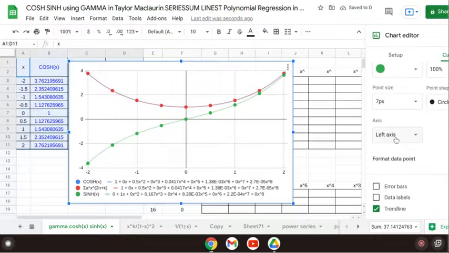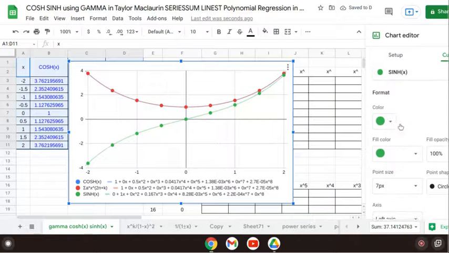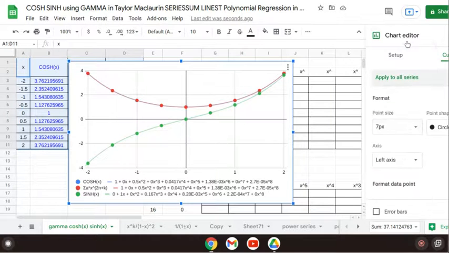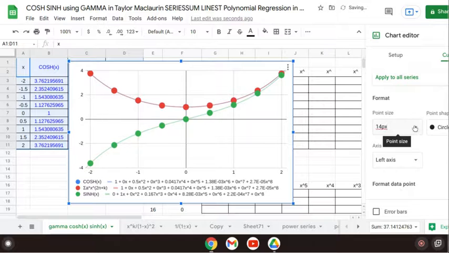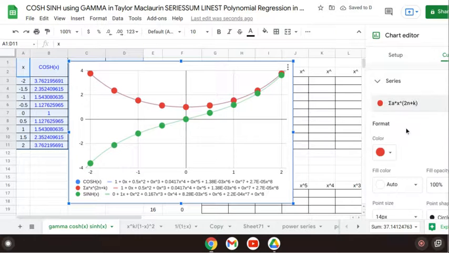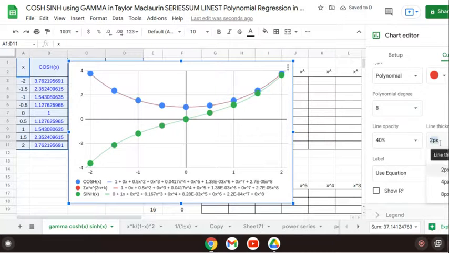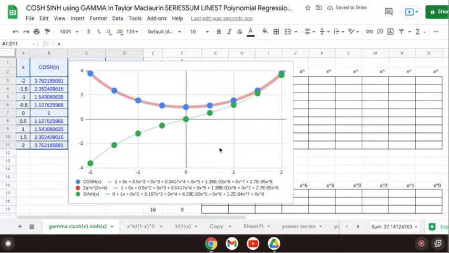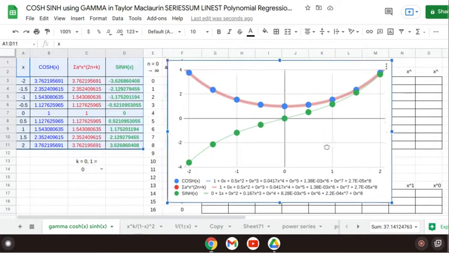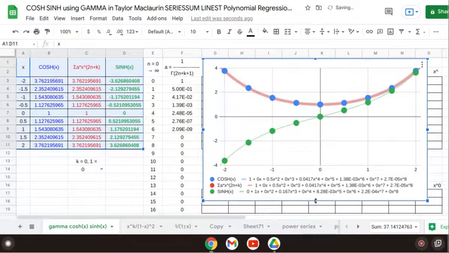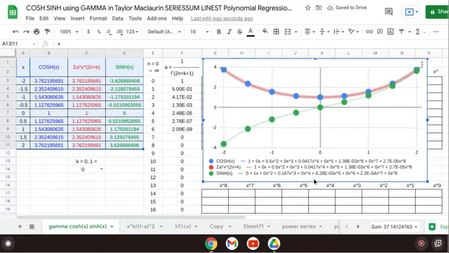And put the point size, all series, point size maximum, except for the expansion, the point size none, but its line thickness maximum. So here we have the trend line and polynomial of the hyperbolic cosine and hyperbolic sine.